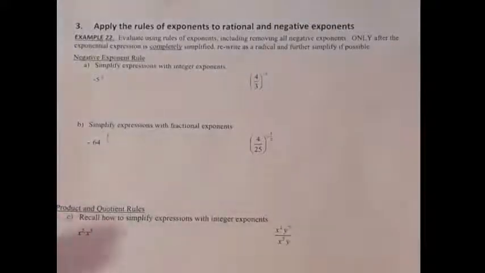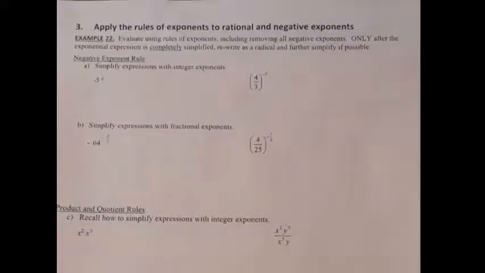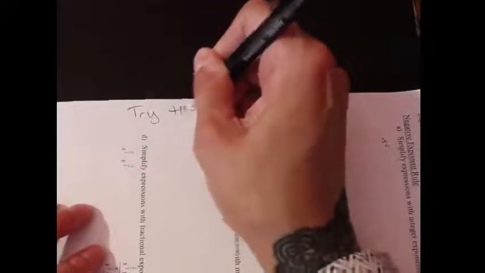Okay, so applying the rules of exponents to rational and negative exponents, for this page, you're essentially going to want to remove all negative exponents, and then you want to rewrite it as a radical and further simplify as possible. I actually want to leave you with this page to try on your own.